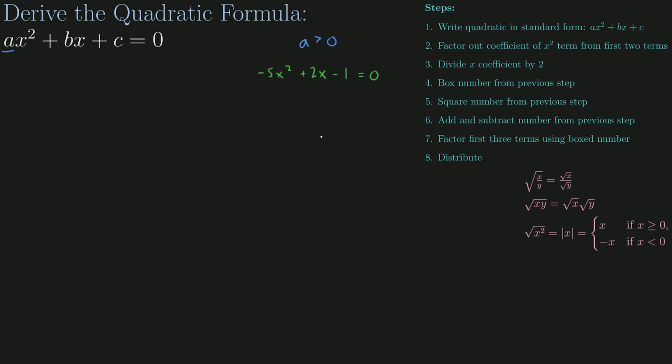This quadratic equation has a negative number for the leading coefficient, but we could just as well multiply this entire equation by -1 and get an equivalent equation, 5x squared minus 2x plus 1 equals 0. Now we have a positive leading coefficient and the solutions will still be the same.